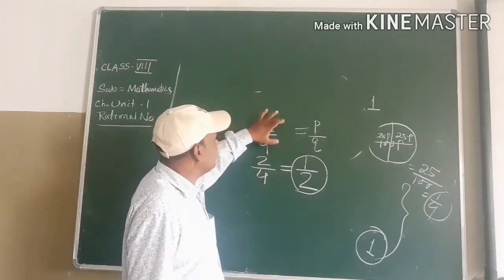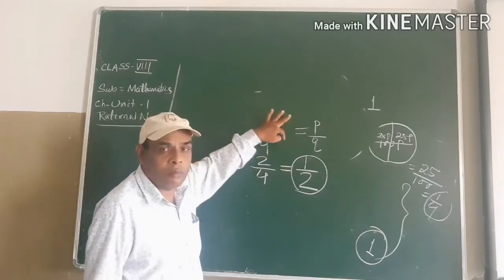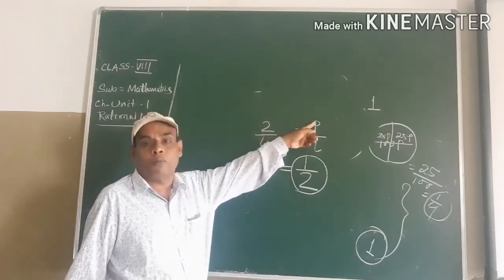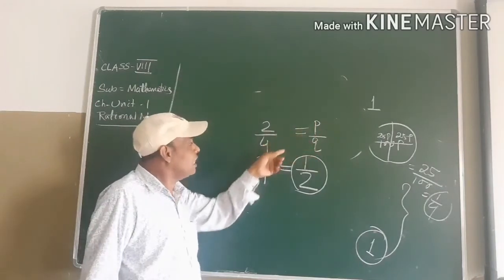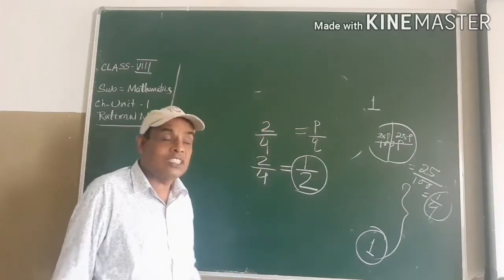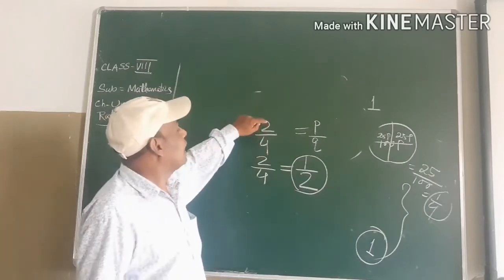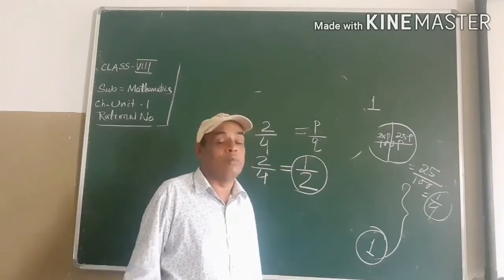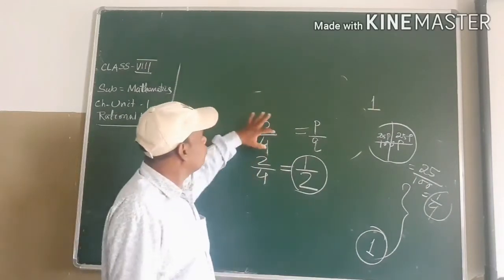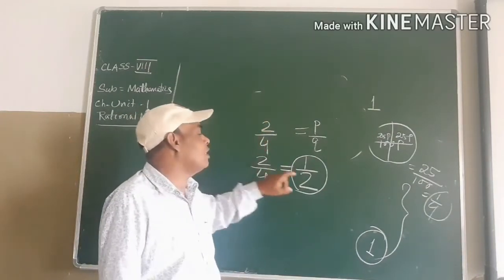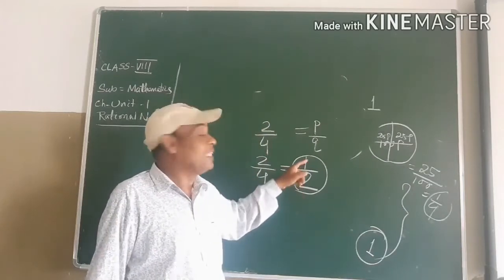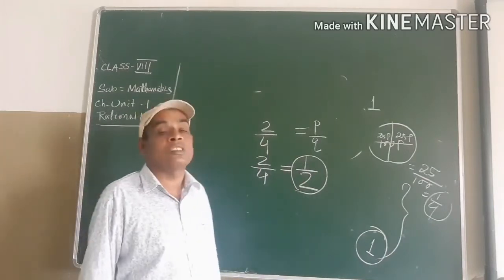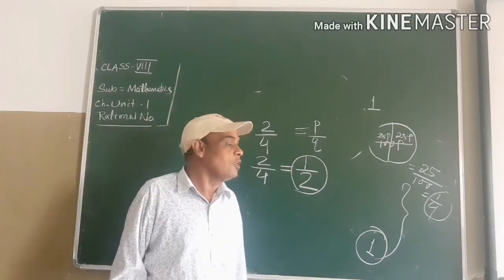So if you say any rational number 2 by 4, it is expressed in the form of p by q, but again, what is the condition? The HCF of the numerator as well as the denominator should be 1. Therefore, we must express it in the simplest form. That simplest form of the fraction is called the standard form. That you have to remember.